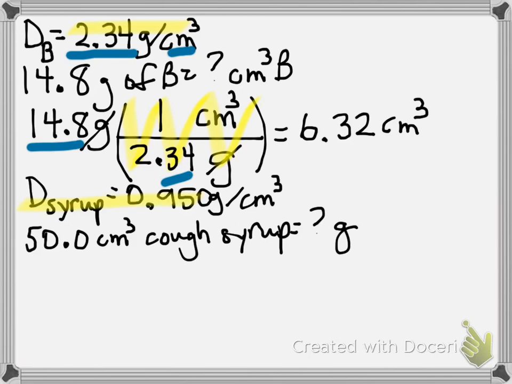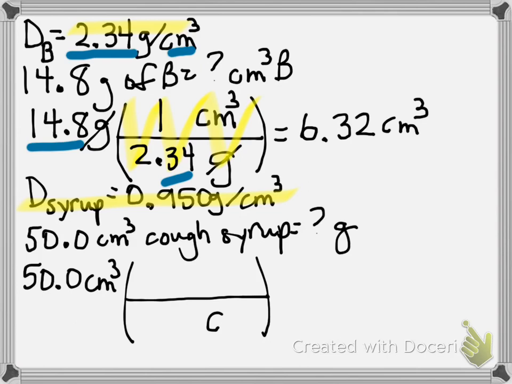Again, this information here is going to be used as a conversion factor. So we start with our 50 cubic centimeters. Cubic centimeters has to go on the bottom because it's in the numerator. Grams will go on the top. Cubic centimeters are going to cancel out.